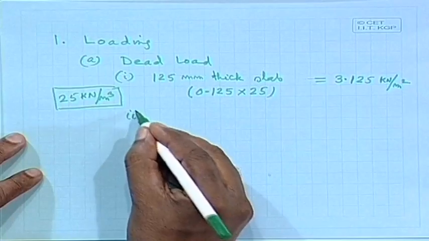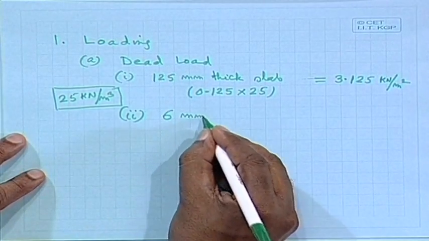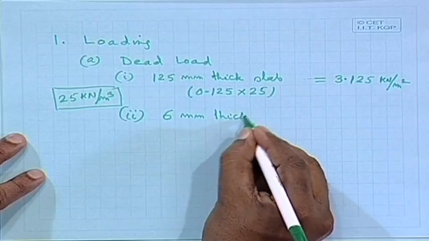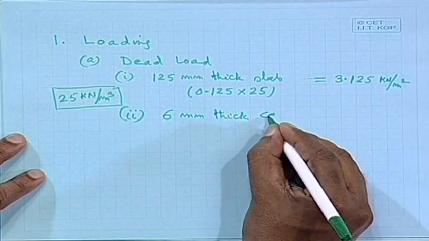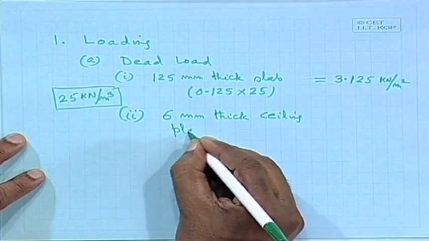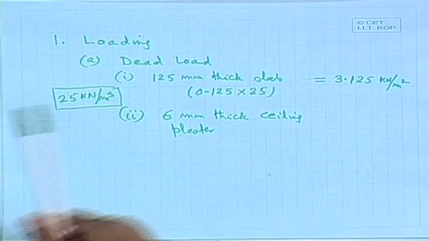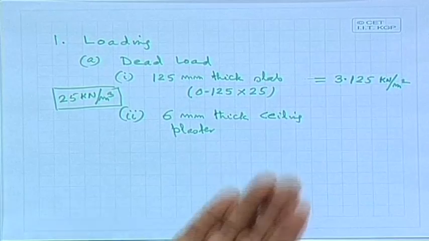Number 2, 6 millimeter thick ceiling plaster. That means, at the bottom of the slab we are providing plaster, and that is 6 millimeter thick.